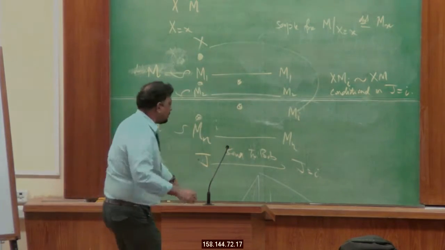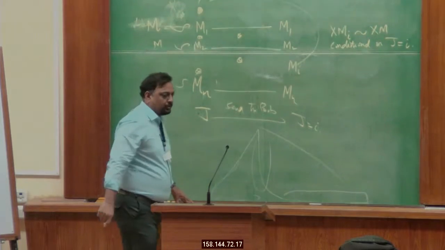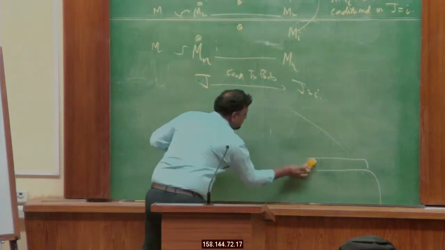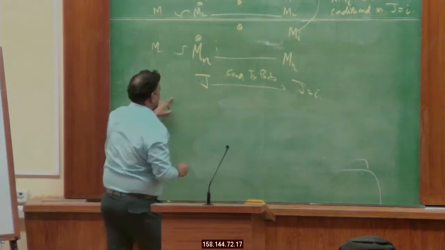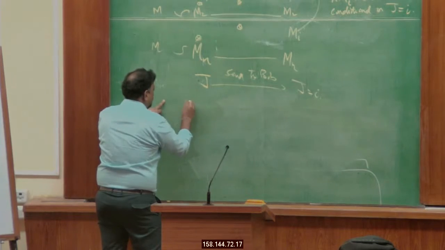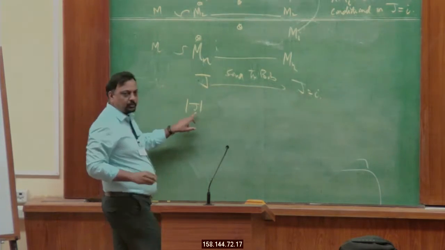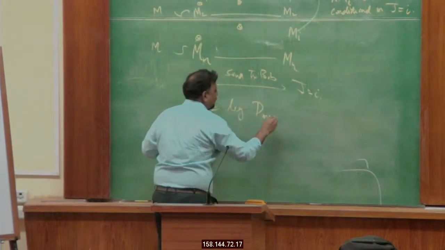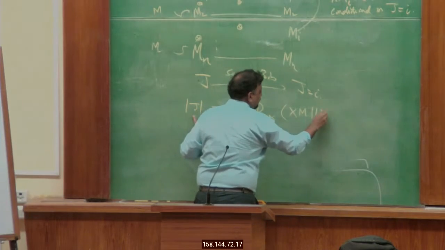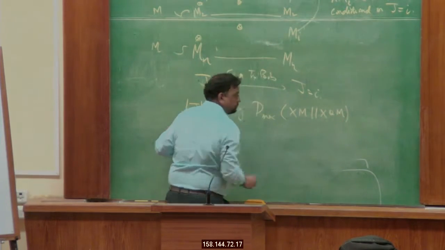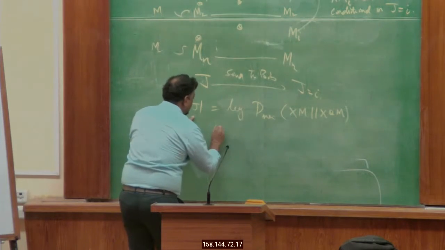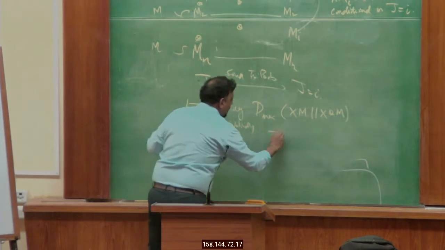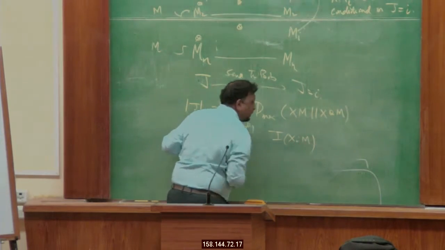And now what is the length of J? The number of possible J's. The length of the message, let me call it length J, is like log of Dmax of XM with X tensor M, which asymptotically goes to I of XM.